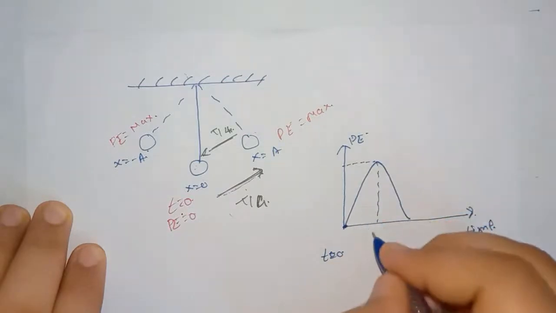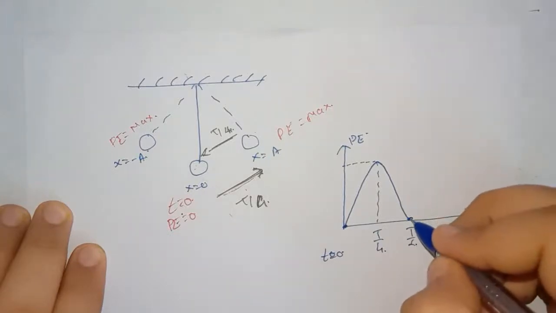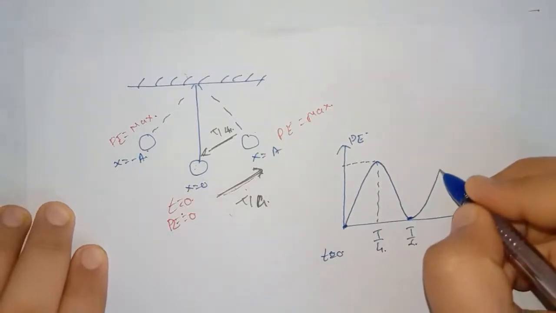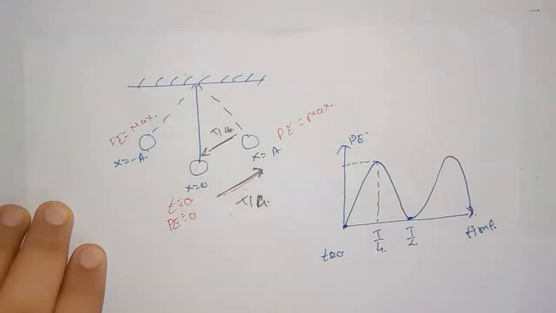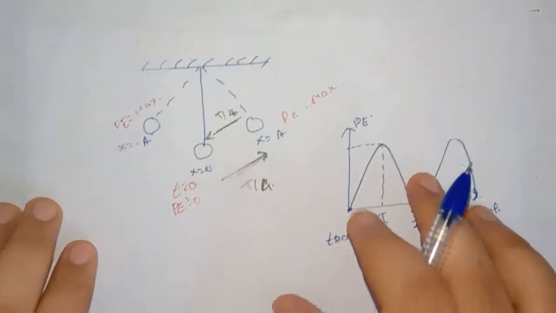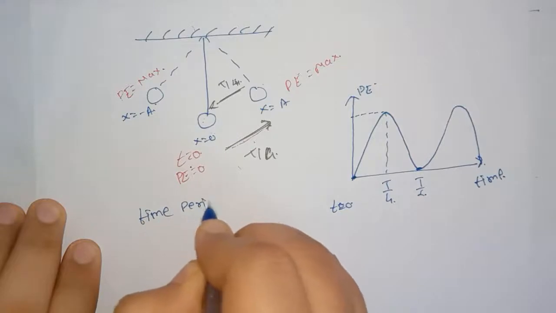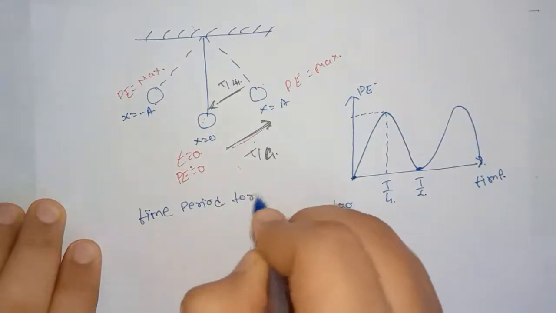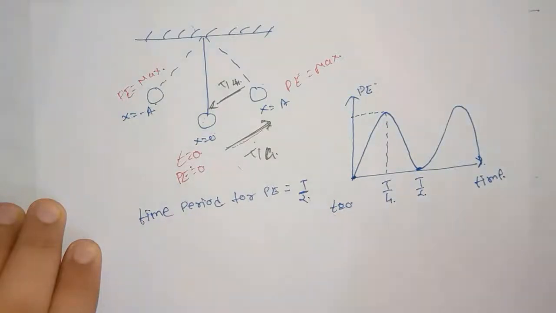This time will be T by 4, this time it will be T by 2. Again it will increase to maximum height and again it will become 0. So the time period for potential energy will be T by 2.